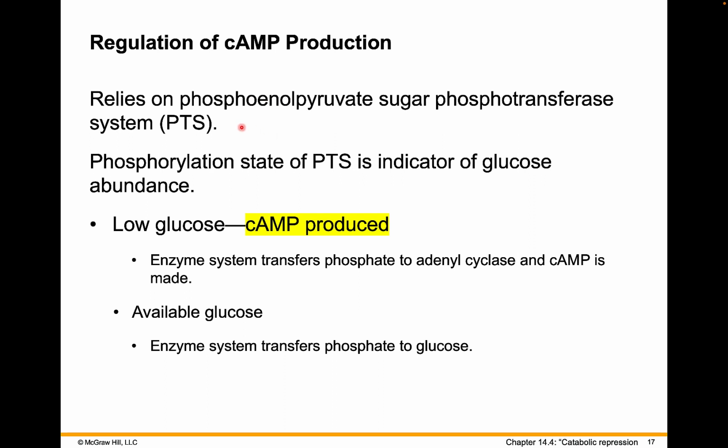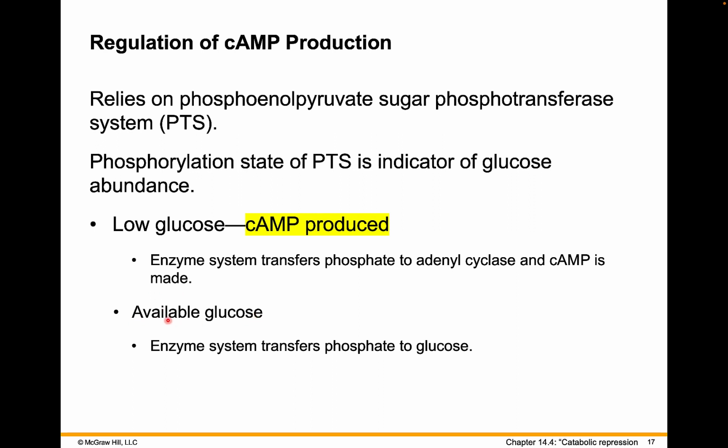And this relies on the phosphoenolpyruvate sugar phosphotransferase system, which is known as the PTS. The phosphorylation state of the PTS is an indicator of glucose abundance. When there is low glucose, cyclic AMP is produced, and we are going to see how it happens. The enzyme system transfers the phosphate to adenylate cyclase, and cAMP is made.